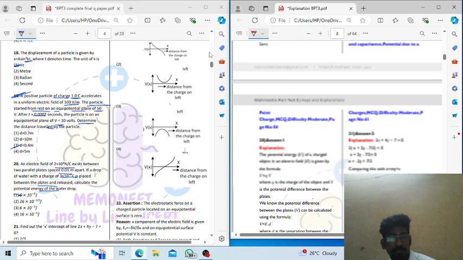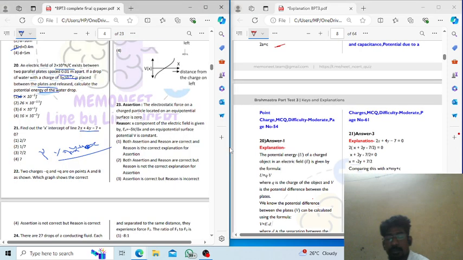And C is also minus 1. So if you put all the values there, you will get 7 by 2 C, that is our intercept. X, C is equal to the intercept.